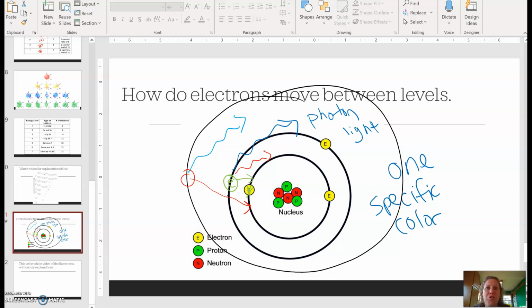Your whole assignment is to tell me what 2 metals you think are in there, and why. So this is one little explanation. Stay tuned for one more mini explanation as to how electrons really move.